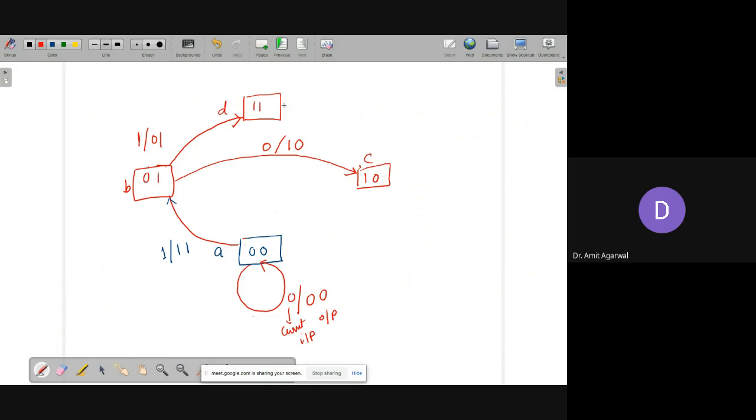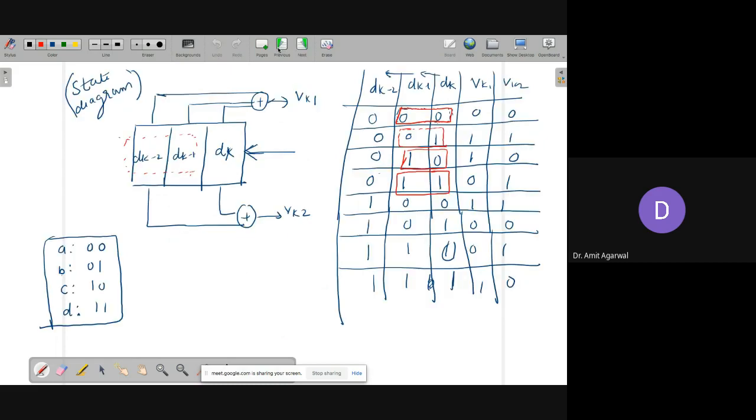Similarly, suppose you are in 10 and 0 comes, then your next state will be 11 and your output will be 01.